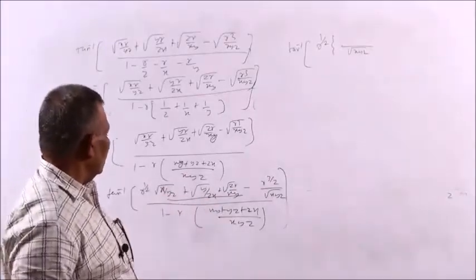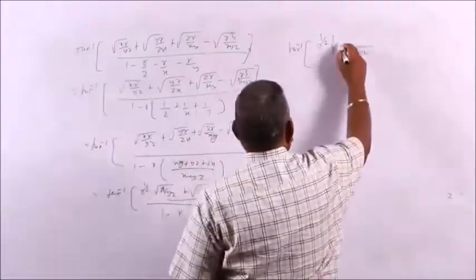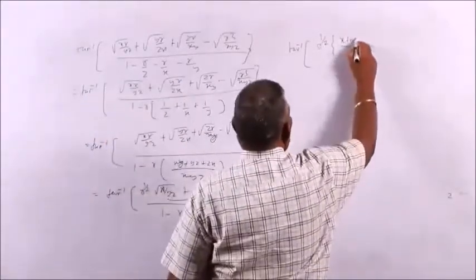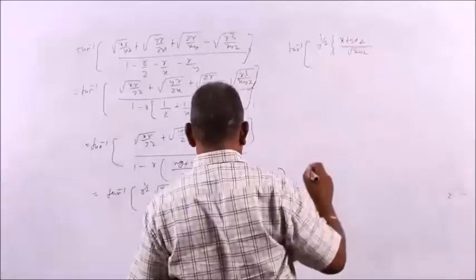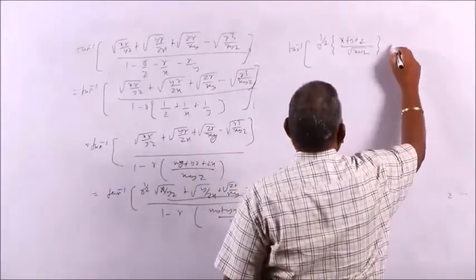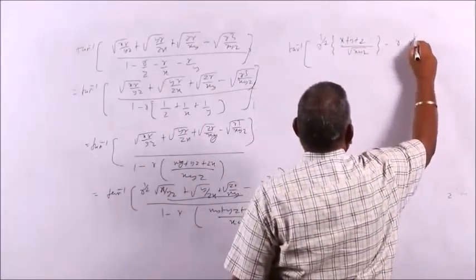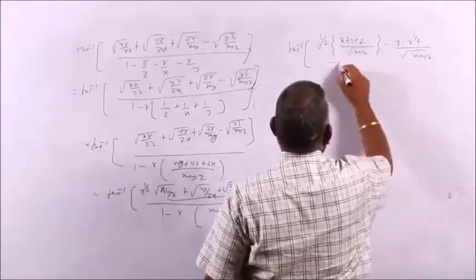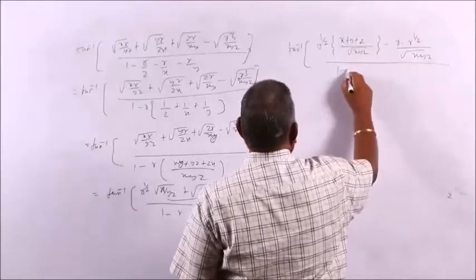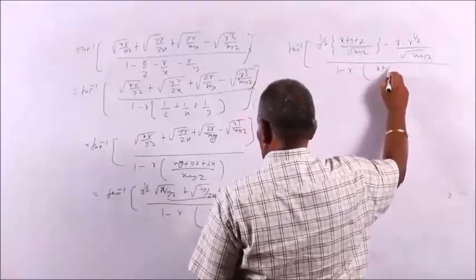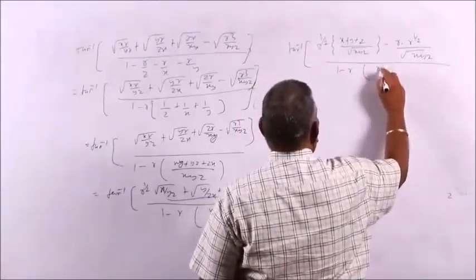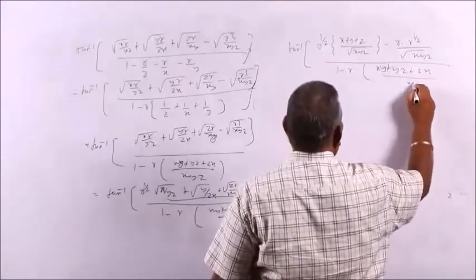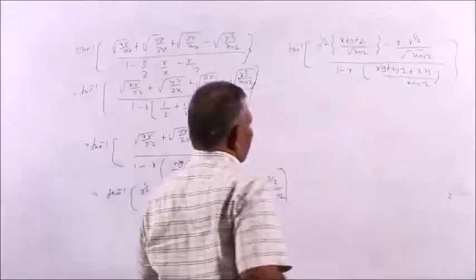So in the first term we will have root x multiplied in the numerator, plus y plus z, minus r into r to the power half by root over of xyz, whole divided by 1 minus r into xy plus yz plus zx divided by xyz, like this.